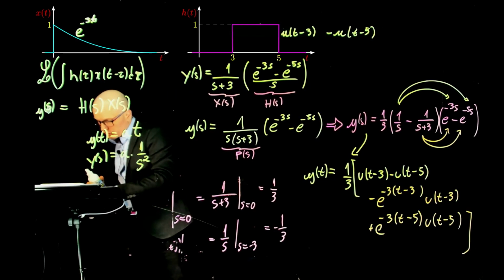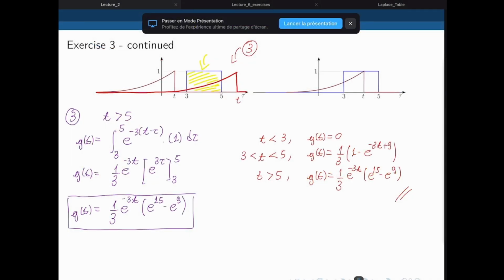So if there are no questions, let's go back to the result we found in lecture 2 here, and let's try to compare them. So you see what we found in this lecture, but in lecture, it was just one expression with all these step functions. But in lecture 2, we found something slightly different. We found something that is discontinuous because it has different values for different portions of t.